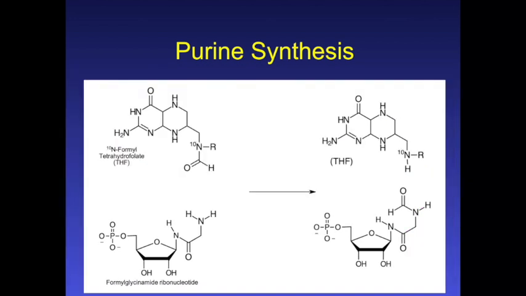All right, THF. Remember, THF is a very large molecule. Before, we had a methyl group attached to this nitrogen called the 5th nitrogen, and it was a methyl carrier. Here we're going to have a formyl group, which is also a 1-carbon intermediate that's attached to the 10th nitrogen.